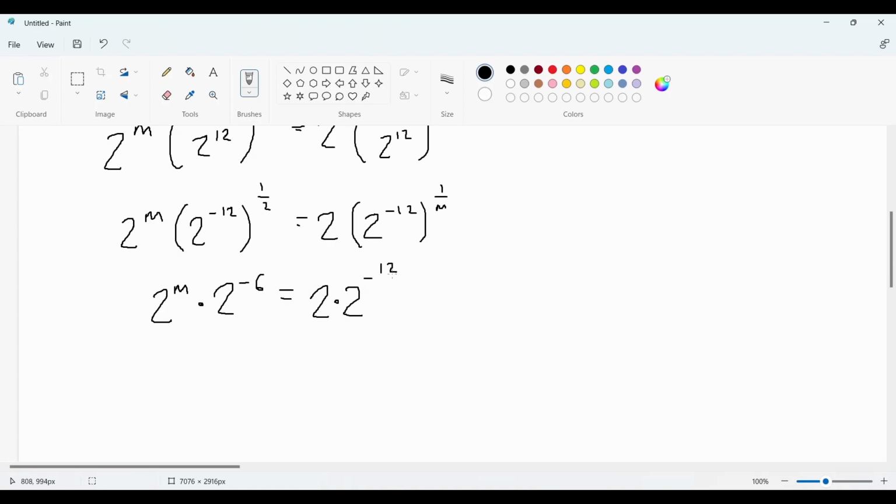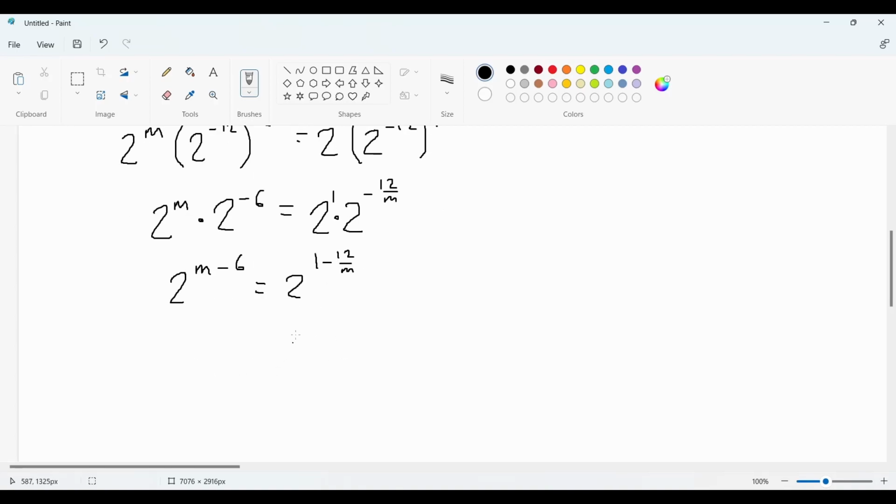And when you multiply exponents with the same base, you just add the exponents together, so this becomes 2 to the power of m minus 6 is equal to 2 to the power of, there's an imaginary 1 here, so it's 1 minus 12 over m. And this is only possible when the exponents are the same, so this is equivalent to saying that m minus 6 is equal to 1 minus 12 over m, which is a lot simpler equation to work with.